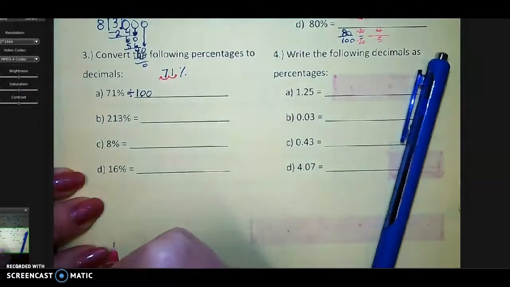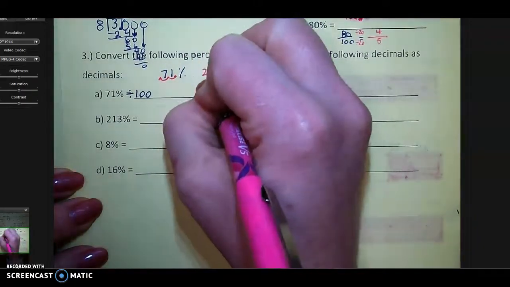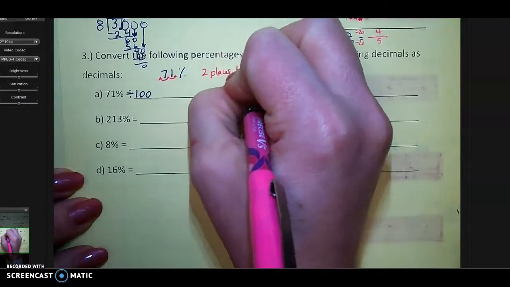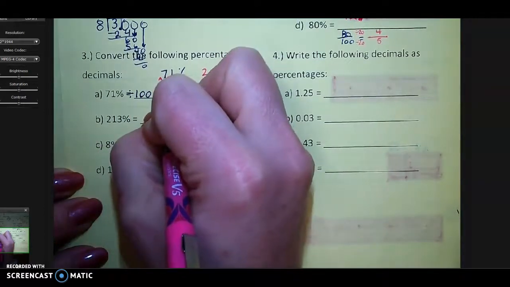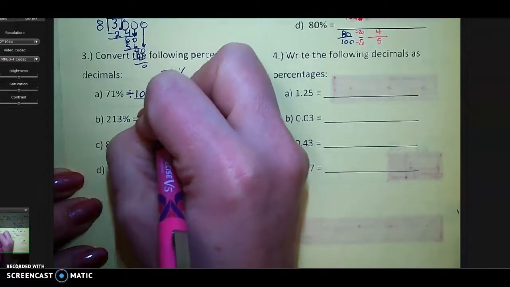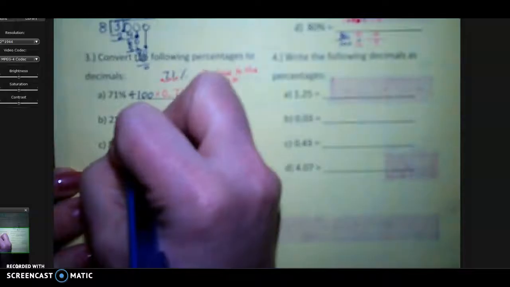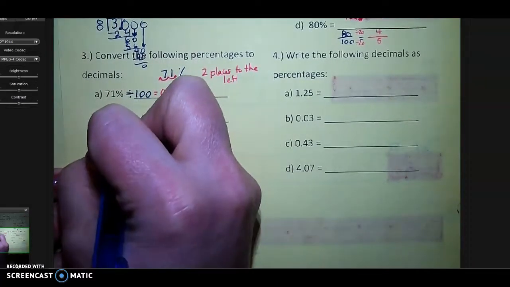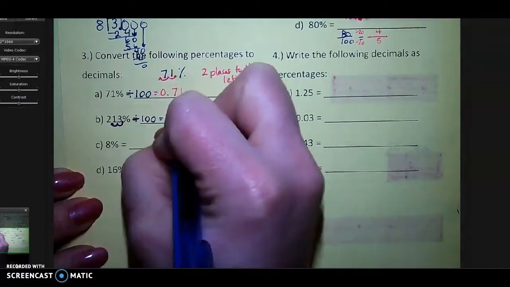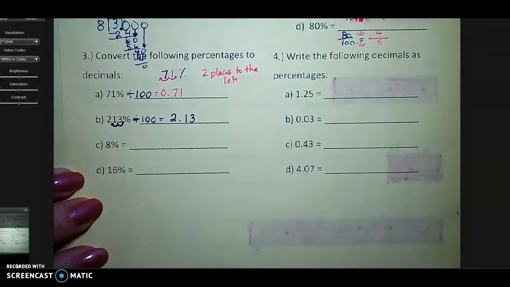So when I divide by 100, I move that decimal point 2 places to the left. So that means I would get 0.71. With our next one here, when I divide by 100, and I take that decimal point right here and move it 2 spots, you'll notice we have 2 wholes, so 2.13.